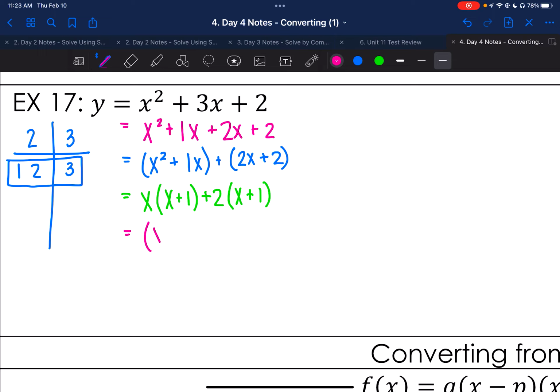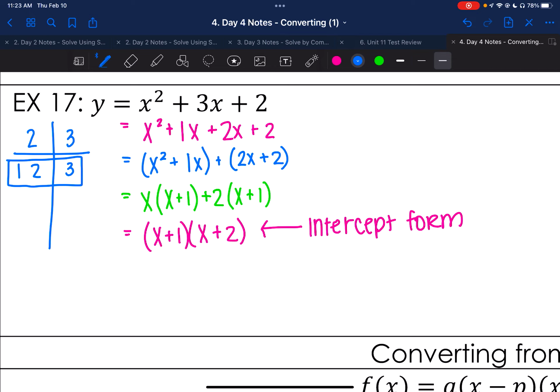I'll factor out my funny GCF of x plus 1, and that leaves me with x plus 2 for my other group. This is now in intercept form. And my two x-intercepts are x equals -1 and x equals -2.